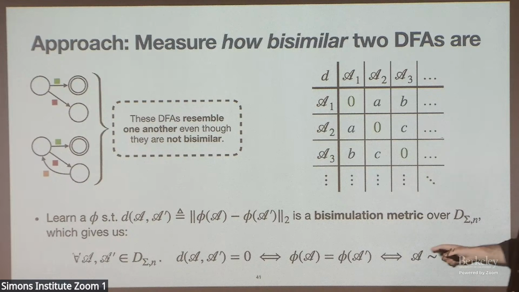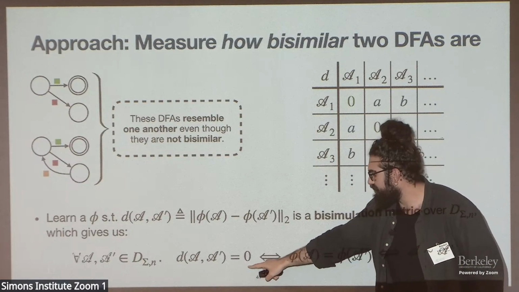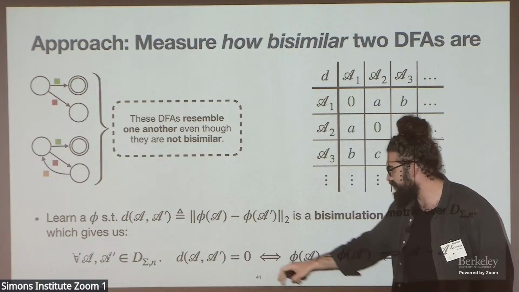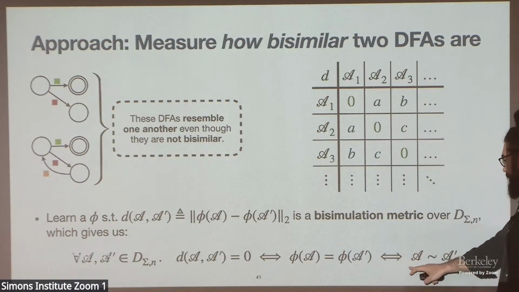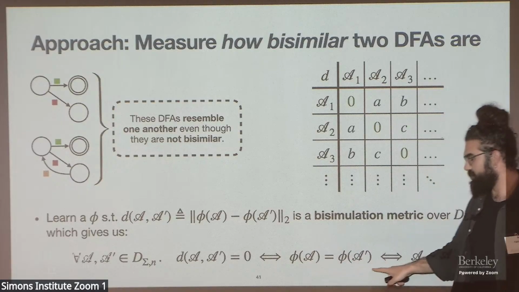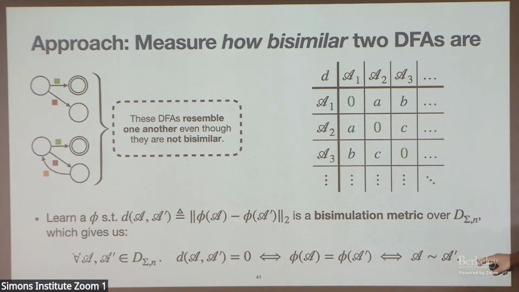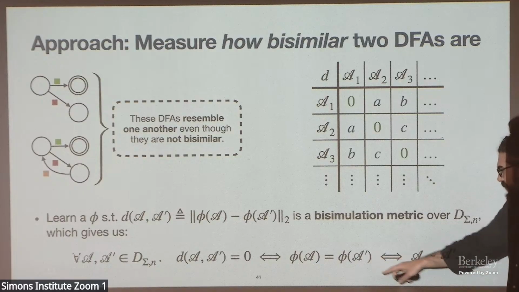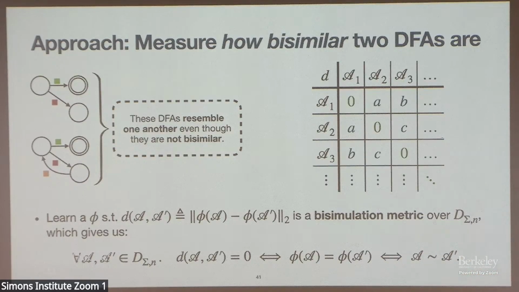If I can train this, if these are bisimulation metrics, then it will say 0 if and only if I have bisimilar DFAs. Because I use the L2 norm, I also get this. So basically, the property I want is here. If I could get a bisimulation metric, my encoder phi would have the property that I want.